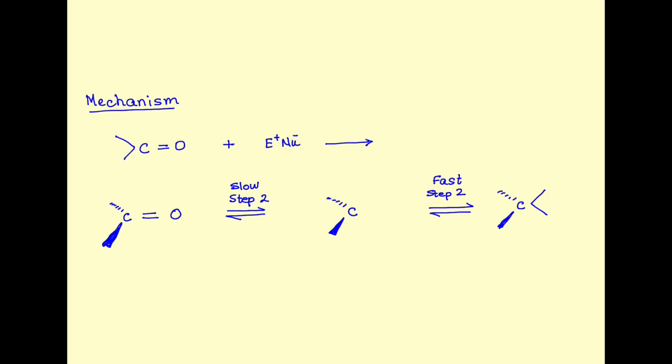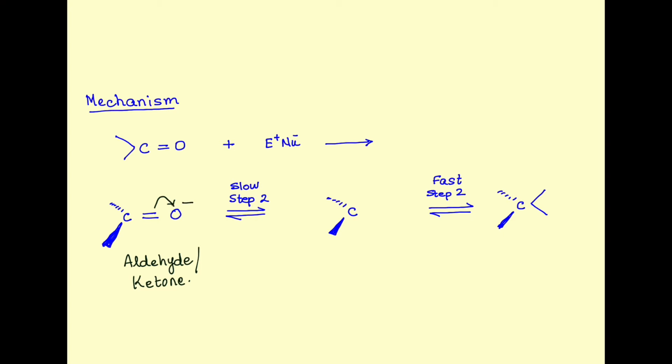Now when it adds across a C double bond O, that means that C double bond O is either in the aldehyde or the ketone. Now we know the property of C double bond O. Oxygen is more powerful. It is able to pull these electrons of the shared pair towards itself. Now when it does that, it acquires a negative charge.